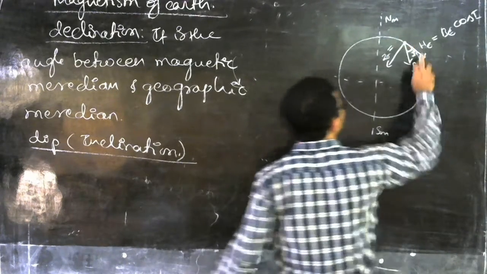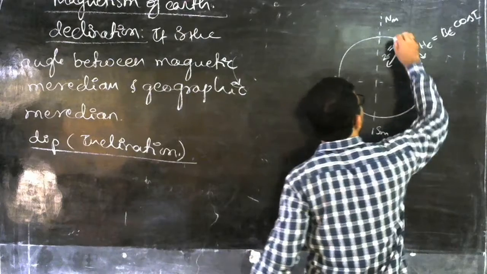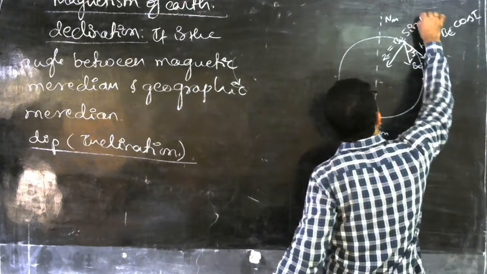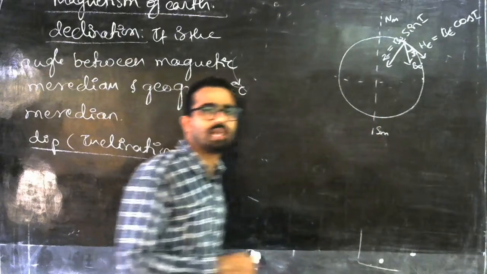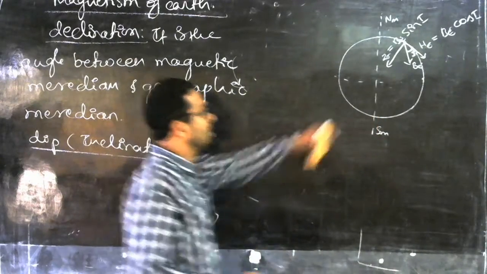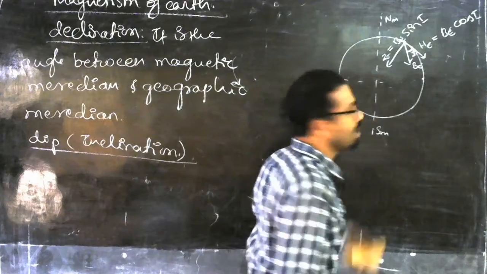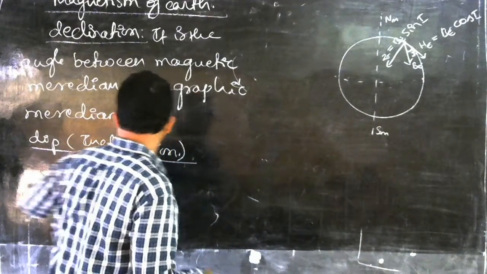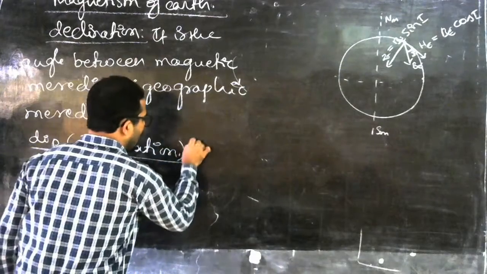And ZE is equal to BE sine I. Those are the two components, the horizontal and the vertical. Before that, let me write a definition for the angle of inclination.